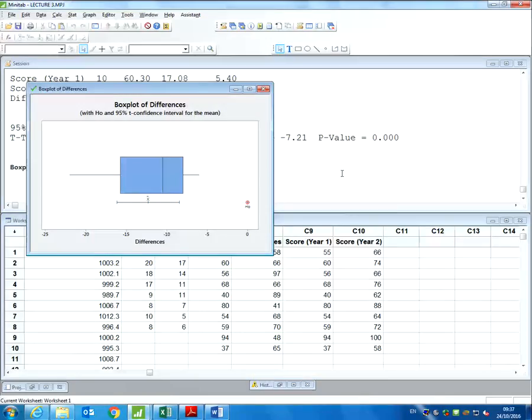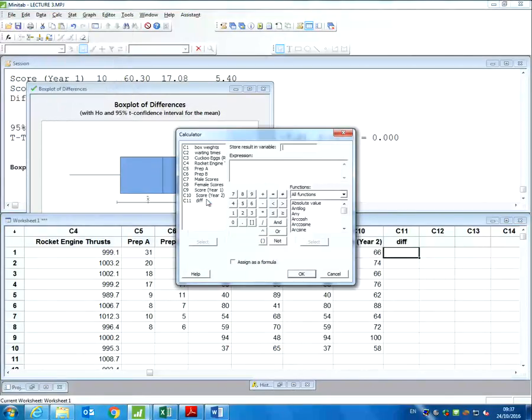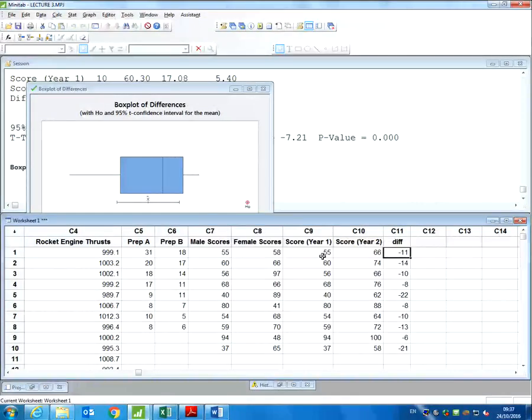Why do you only see 1 box plot when you do a paired t-test? Because the test is actually carried out on the pairwise differences.